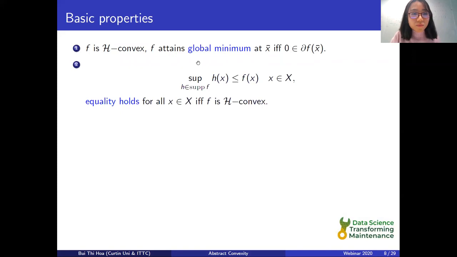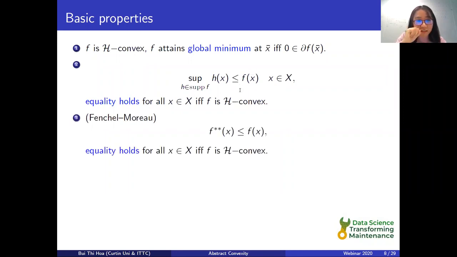Another basic property is that the supremum of the support functions in the support set is obviously less than the function itself. And the next property is a generalization of the Fenchel inequality. So the Fenchel conjugate of a Fenchel conjugate is less than the function itself, and the equality holds if the function f is an H convex function.